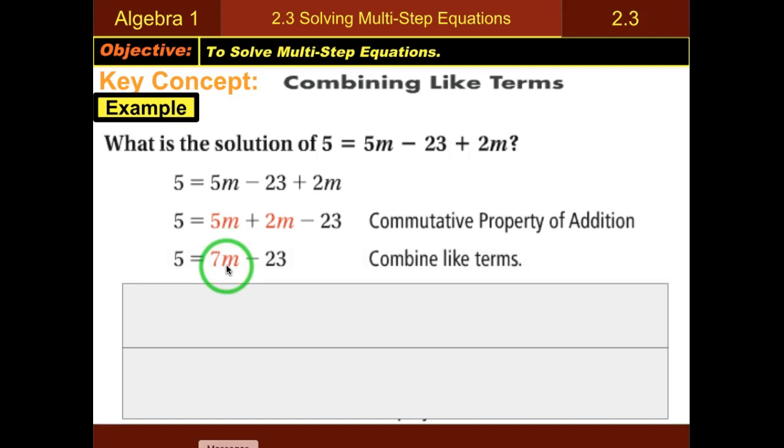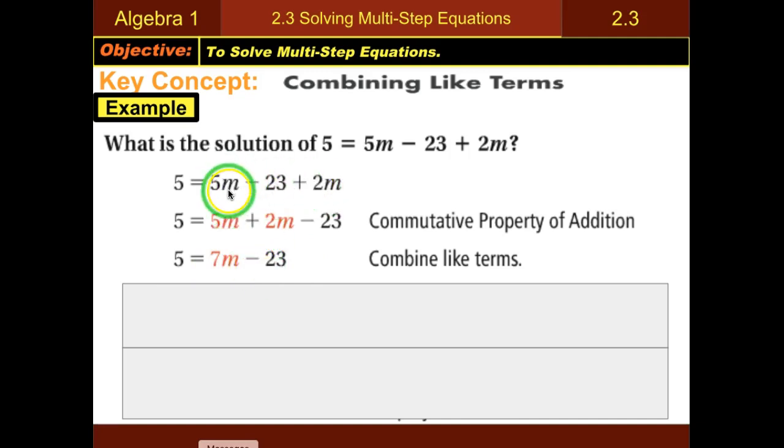The first E is to eliminate the variable from one side, and you can see there's already one side without a variable. Next week we'll see that we'll have to do that step because there'll be variables on both sides. The third step was to eliminate the constant that's on the side with the variable. So eliminate means I'm going to do the opposite. Remember, that's a lot different than here.